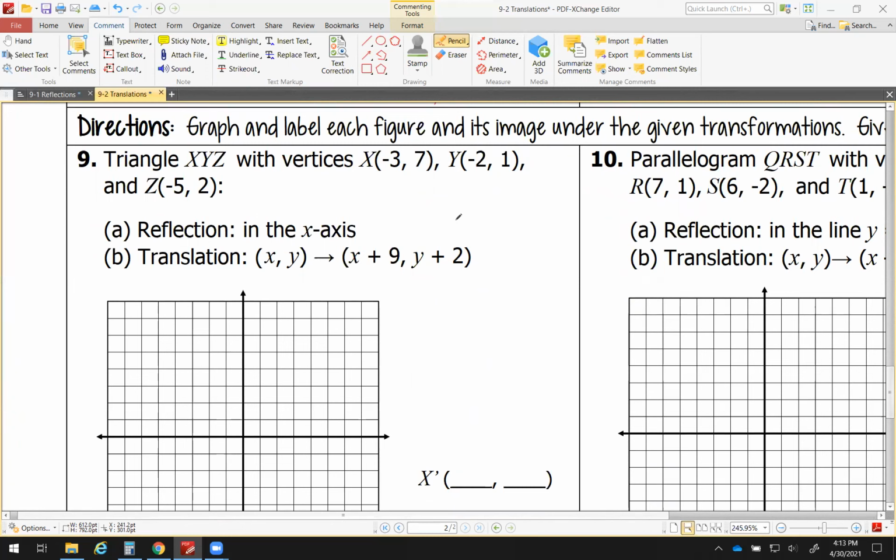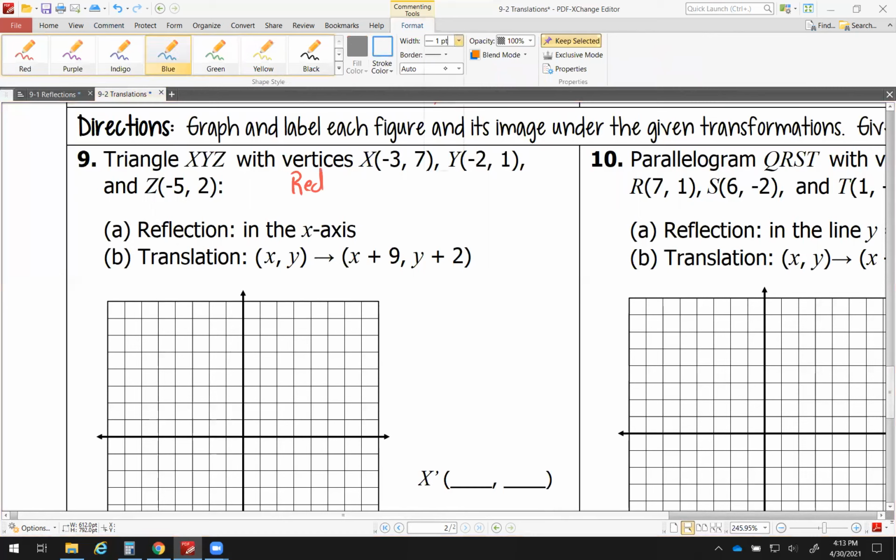I believe that they are asking us to do one, then the other. So what I'm going to do is I'm going to do the original in red, the first one in blue, and the second translation in green.